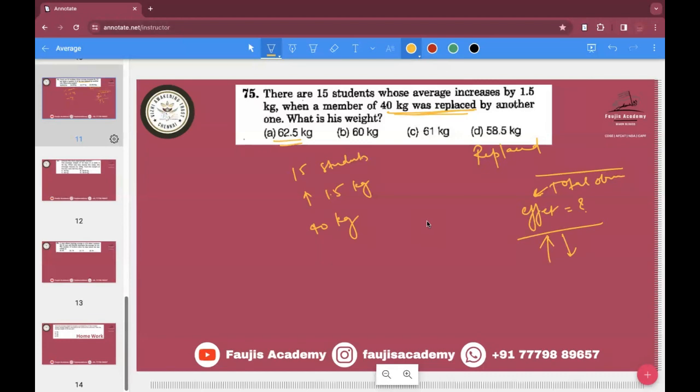When this 40 kg person was in that group of 15, and was taken out and some other person came, their average weight increased by 1.5. So what was the total increase? 15 students times 1.5.